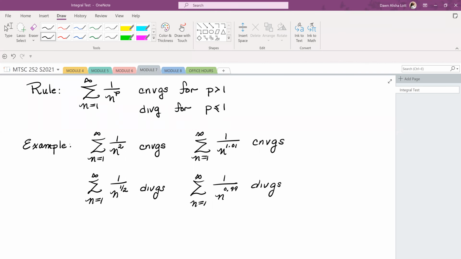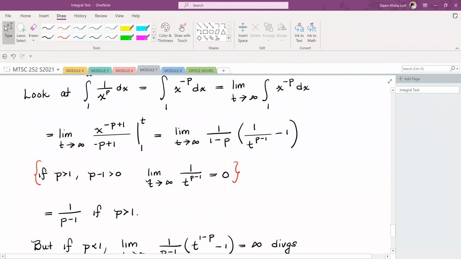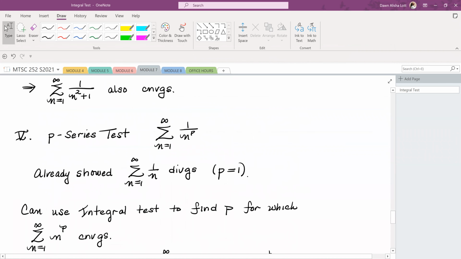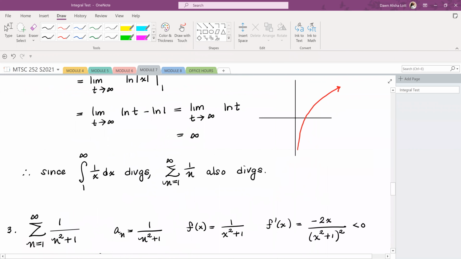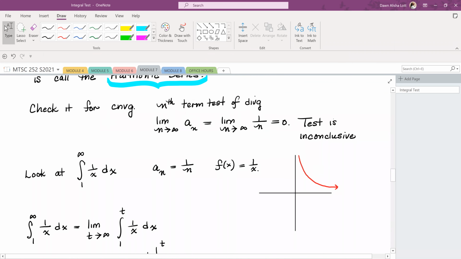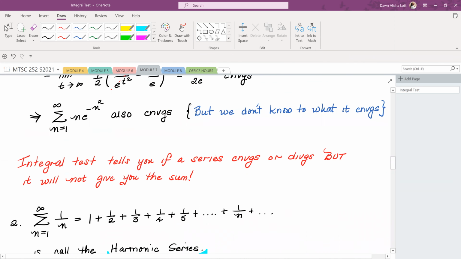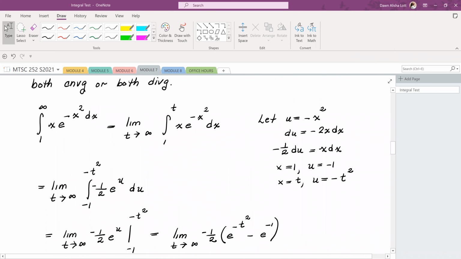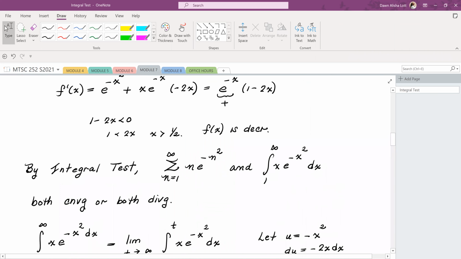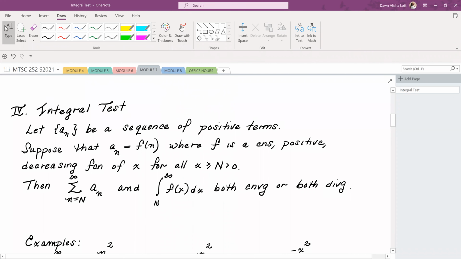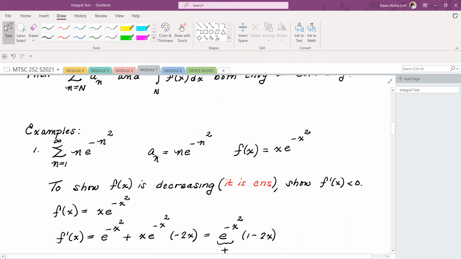So now you guys know 5 tests. All right, so we started off with the geometric series. Then we did the telescoping series. Then we did the nth term test of divergence. Then we did the integral test, which says if the integral converges, the series converges.